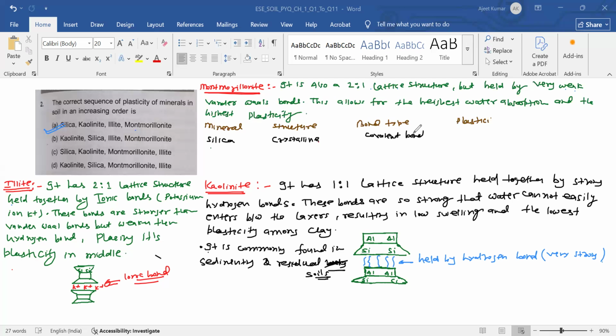The plasticity is none. There is no plasticity in the case of silica.